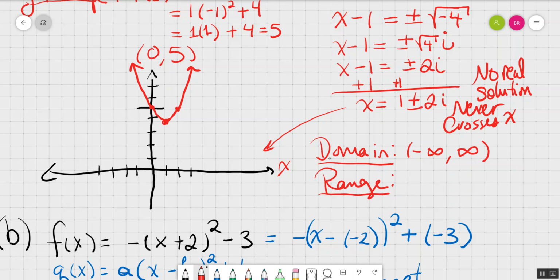And then my range starts at 4, because that's where my vertex is. Opening up means the smallest it can be is the vertex. So the smallest this is going to be is the vertex value for y, which is going to be 4 from looking at our graph. And it goes all the way up to infinity since it opens upward, and these arrows mean it continues on from here.